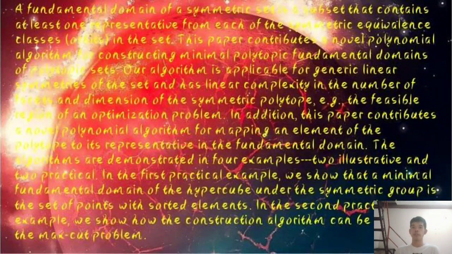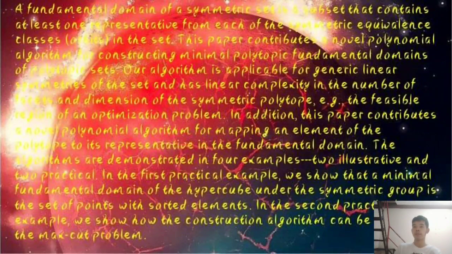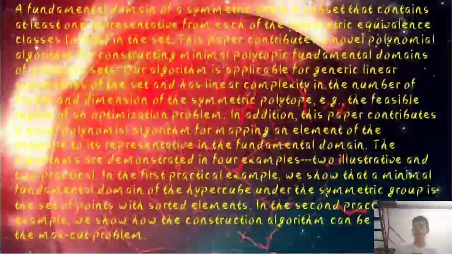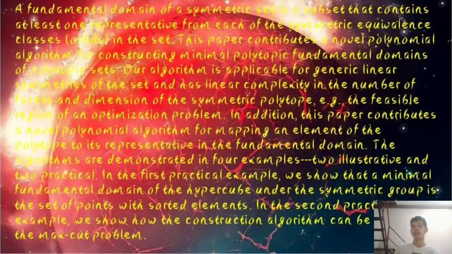the feasible region of an optimization problem. So, the algorithm is demonstrated in 4 examples, 2 illustrative and 2 practical. In the first practical example, we show a minimal fundamental domain of the hypercube under the symmetric group is the set of points with sorted elements.